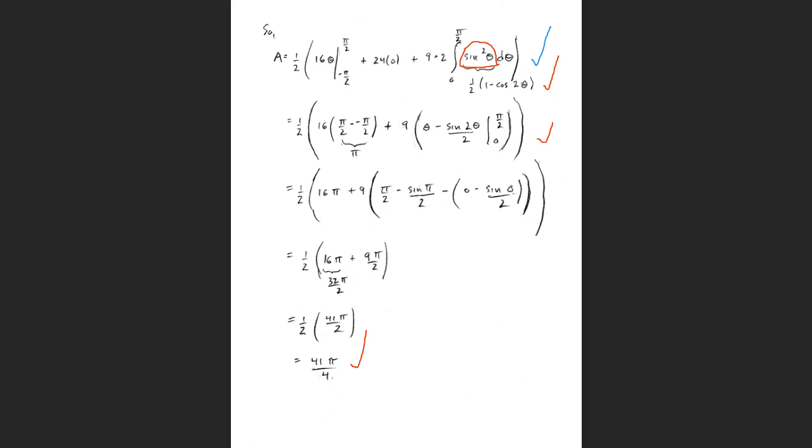So you just have to be careful when you compute things. The pi here comes from 2 times pi over 2, right?